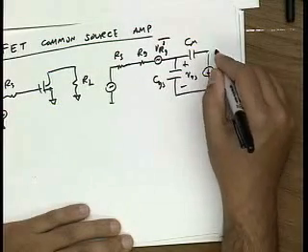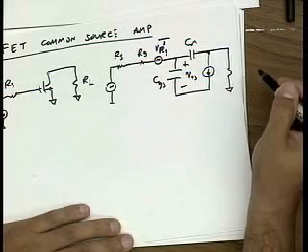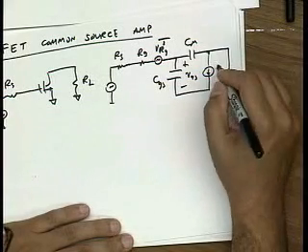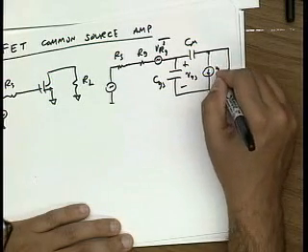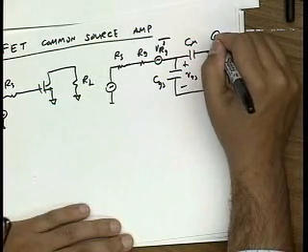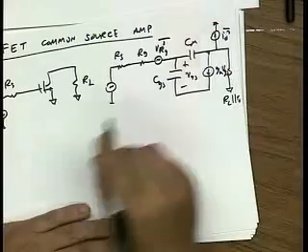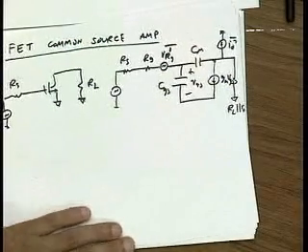And then this is RL in parallel with the RO of the transistor. I have this current here, GM VGS, and then I should add my drain current noise, I drain. Sorry to compress that for you.